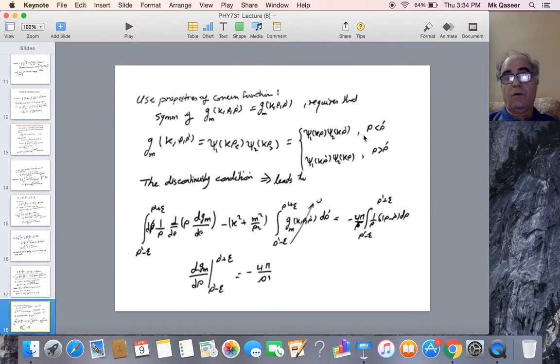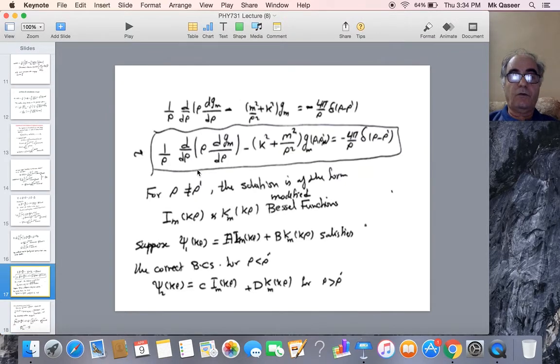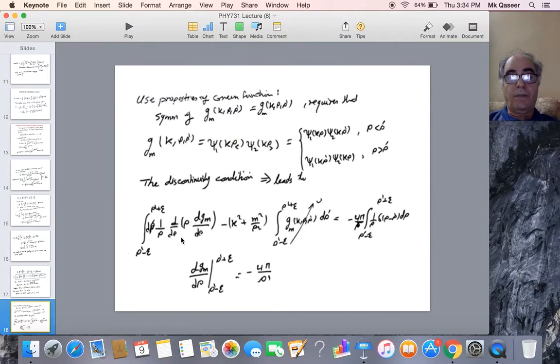This is for rho less than rho prime, and this is for rho prime less than rho. For the discontinuity equation, we have to go back to the differential equation and integrate from rho prime minus epsilon to rho prime plus epsilon. Evaluating this integral, we get this expression.